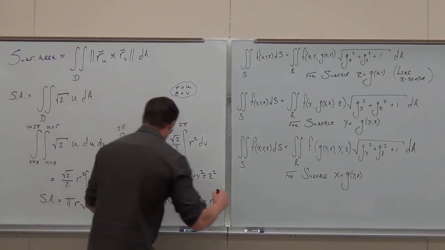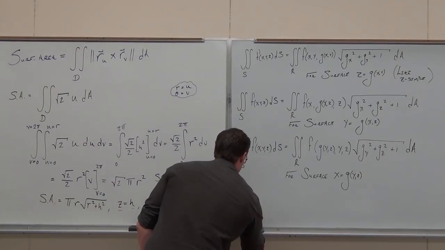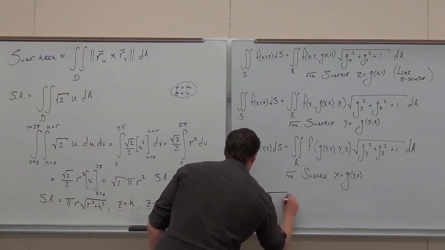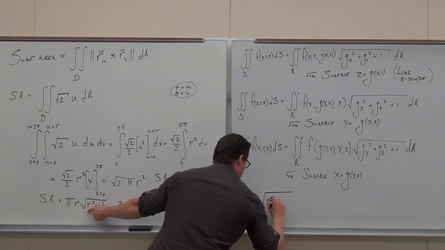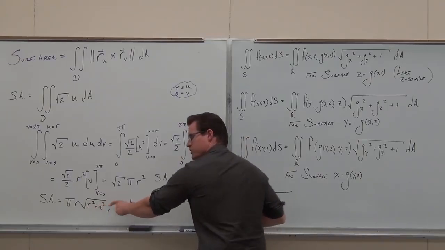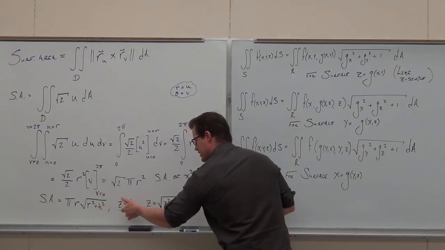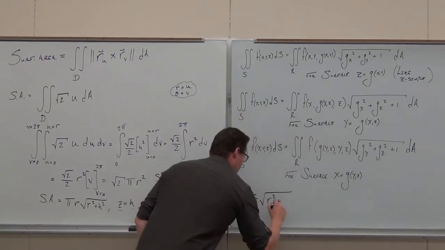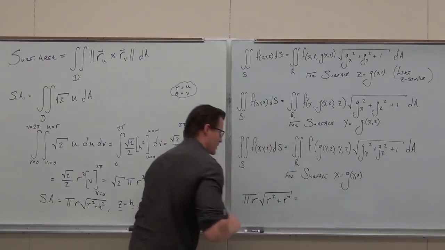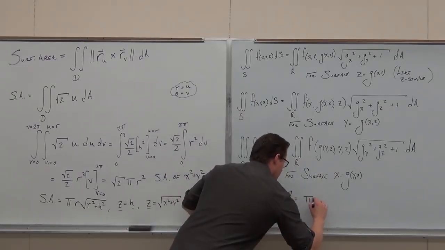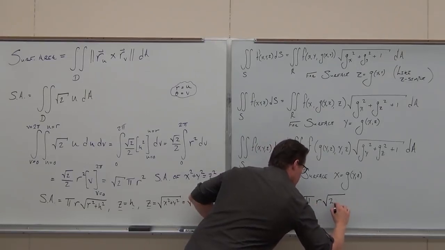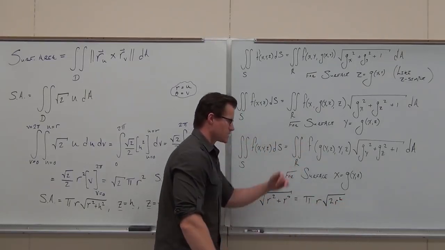I'm going to move over here for just a second. So from here we'd have r squared, yes. H squared, no. Since h is z, z is r, that would be r squared. You go, well, wait a minute, that looks pretty nice. Pi r square root of 2 r squared. You go, hey, what's square root of r squared?